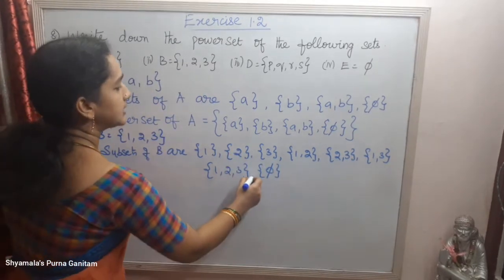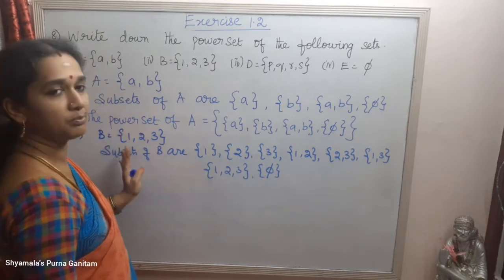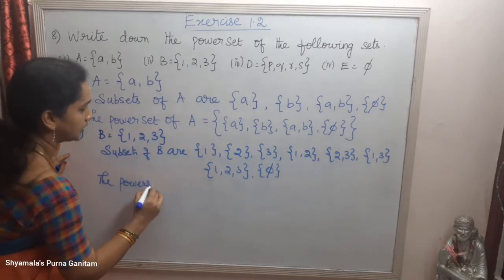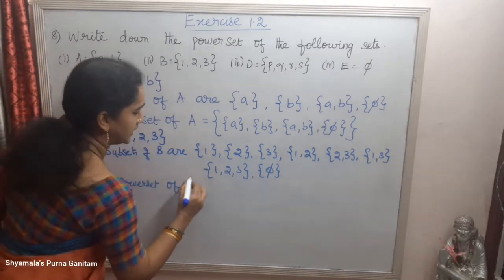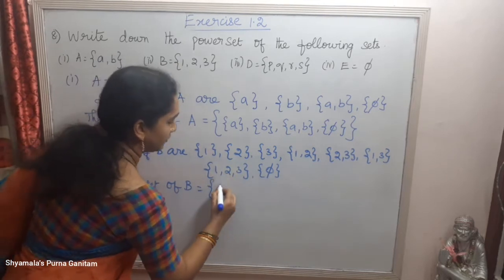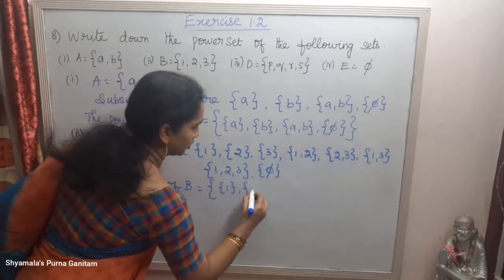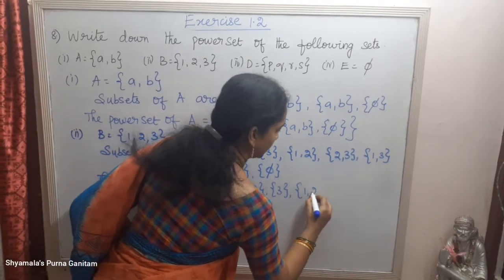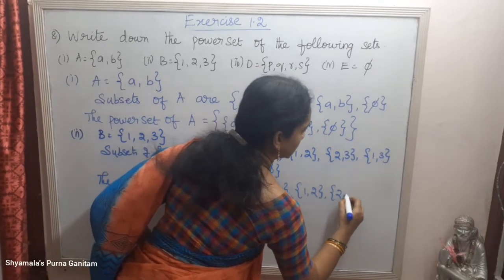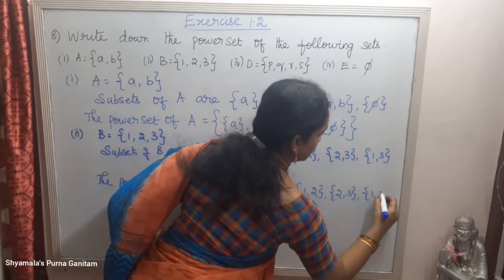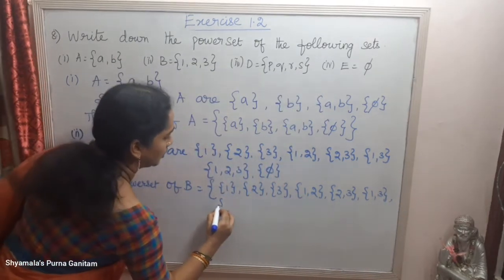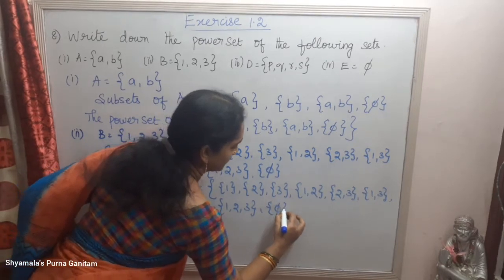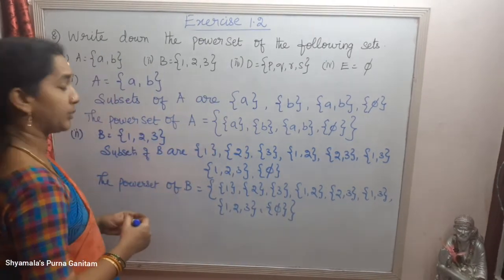So these are the subsets of set B with three elements. So the power set of B is equal to, everything you have to write inside the bracket: {1}, {2}, {3}, {1, 2}, {2, 3}, {1, 3}, {1, 2, 3} and then the null set. So this is the power set of B.